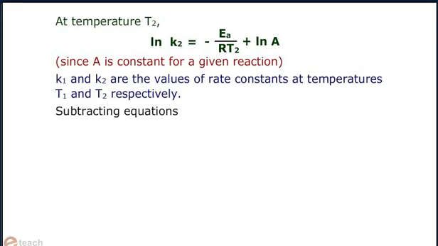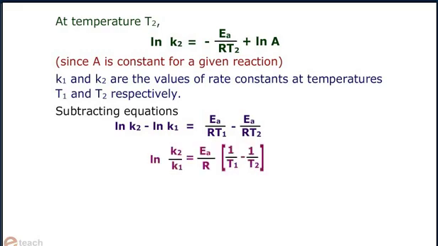Now subtracting the above two equations, we get ln K2 minus ln K1 equals Ea upon R T1 minus Ea upon R T2. On simplifying, we get ln K2 upon K1 equals Ea upon R of 1 upon T1 minus 1 upon T2.